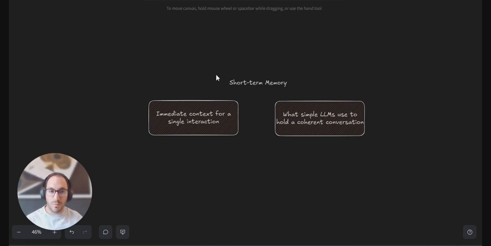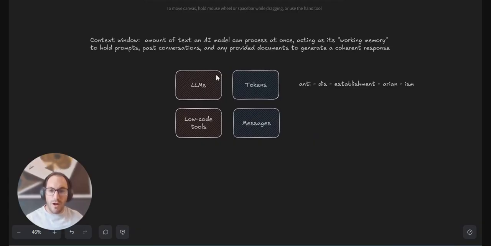It takes a few pieces of your conversation and is able to reference that when it's creating responses. They operate off of context windows, and that's basically the amount of text an AI model can process at once, working as its working memory, so that, again, you can have a coherent conversation with your chatbot or with your LLM.